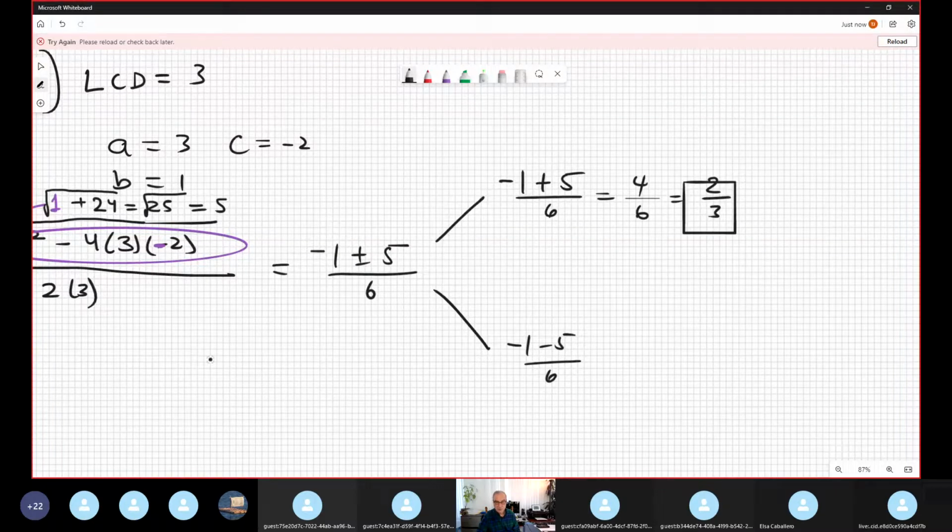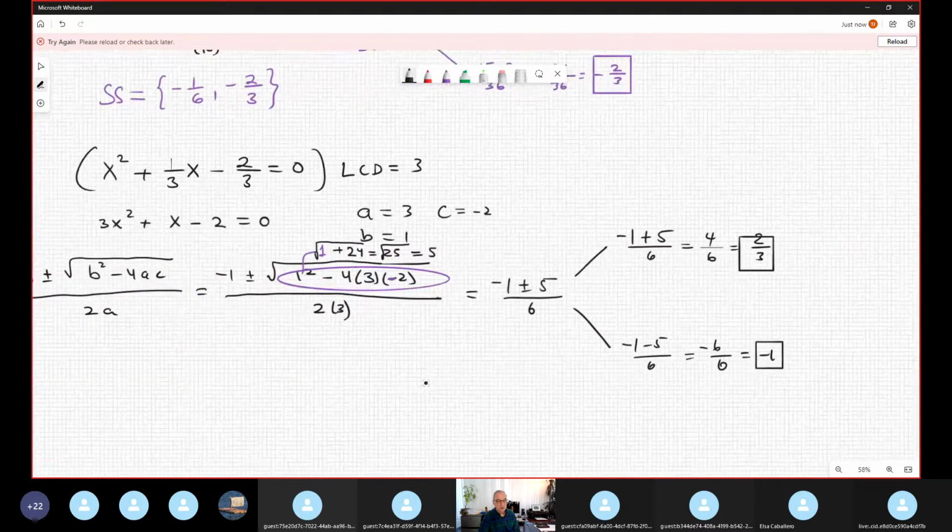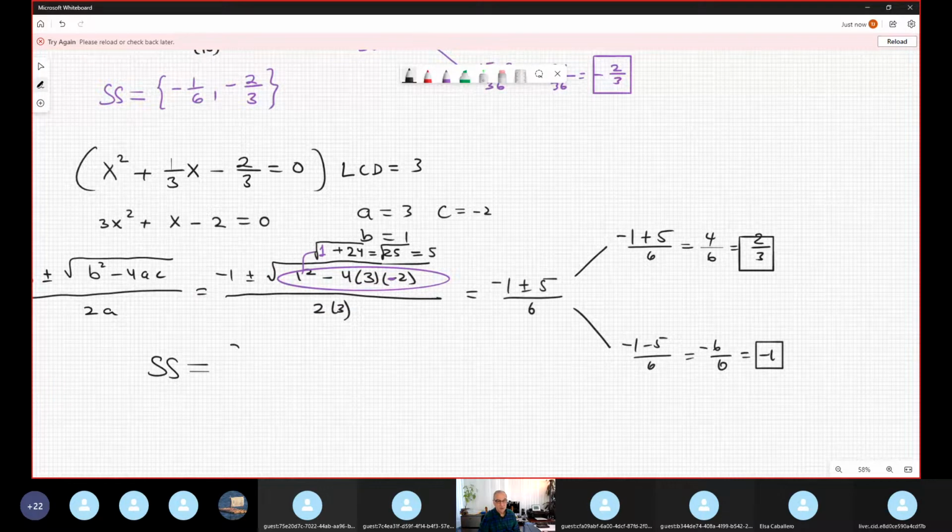First solution. And this, minus 6 over 6, negative 1. Second solution. The solution set: 2/3 and negative 1. Final answer. Beautiful final answer.